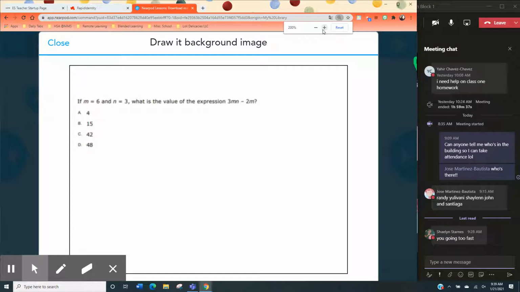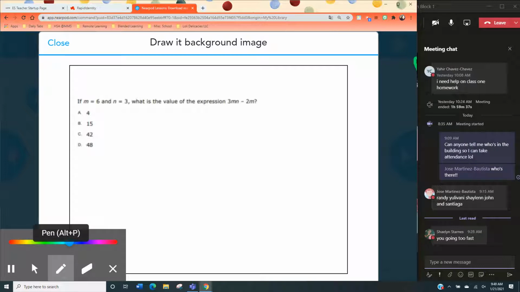So it says, if m equals 6 and n equals 3, what is the value of the expression 3 times m times n minus 2 times m? I'm saying it like that so that you understand that when you have a coefficient next to variables, that means you're multiplying.